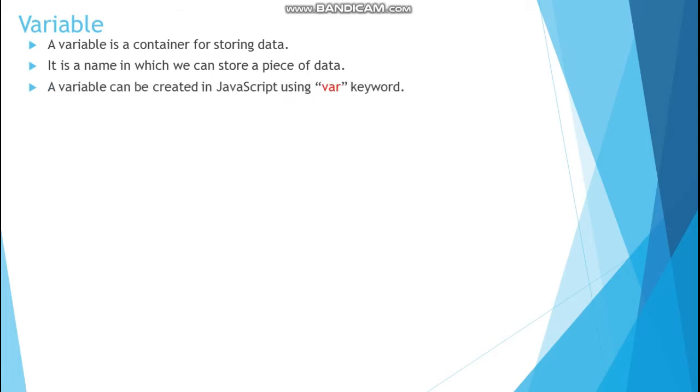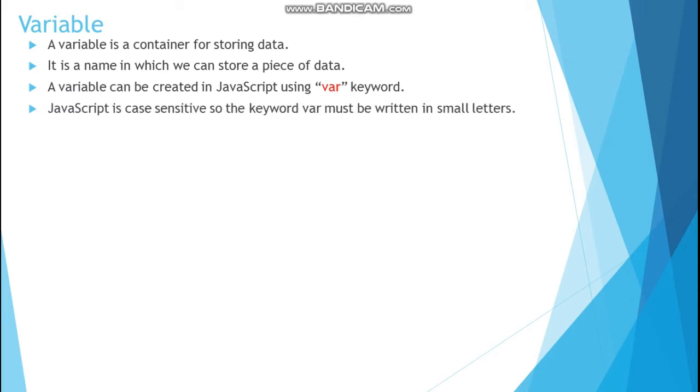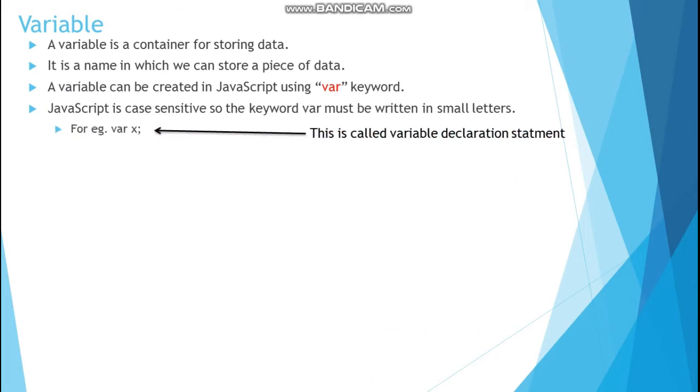A variable can be created in JavaScript using the var keyword. Remember, the var keyword is used to declare a variable. And JavaScript is case sensitive, so you have to keep in mind that the keyword var you must write in small letters. So for example, var x will declare a variable.